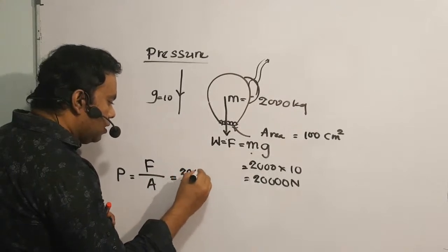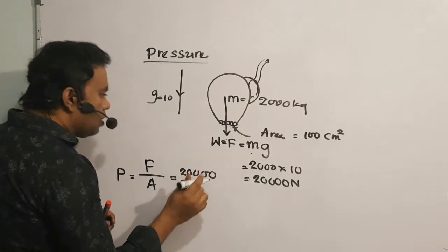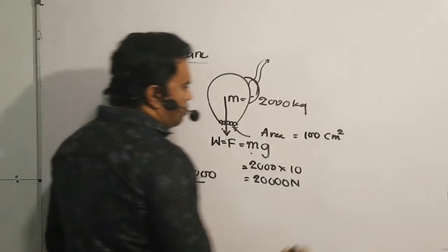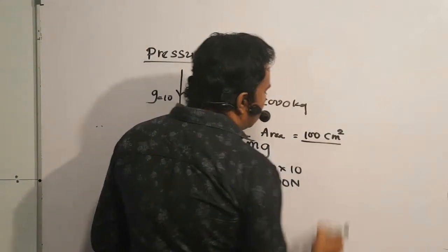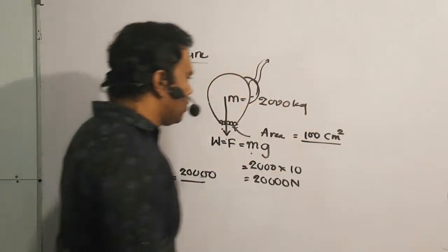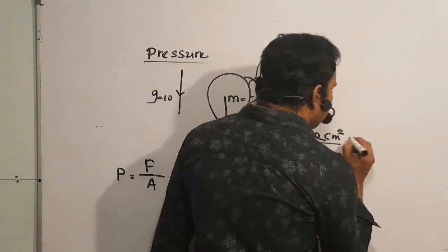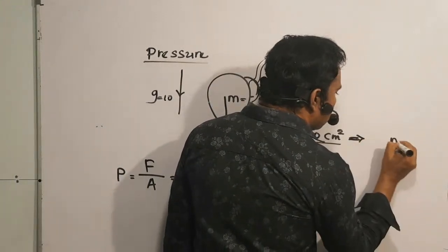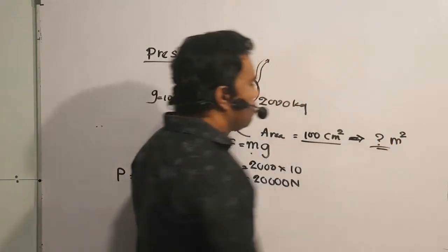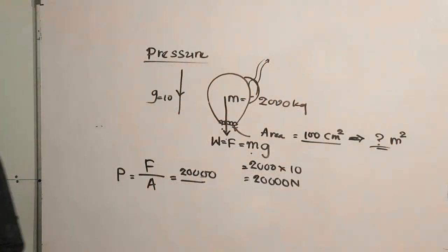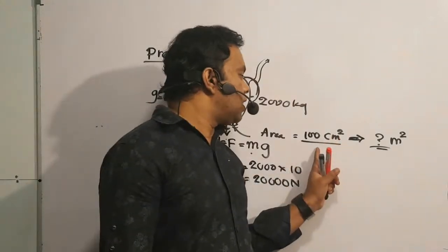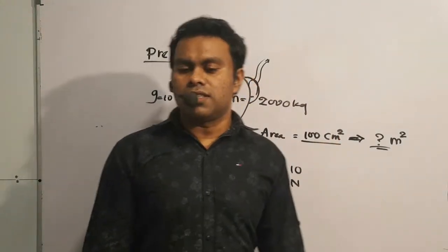That's 20,000 newtons. So the area is 100 square centimeters. How to convert that into square meters? What's the value we are going to use to divide these 100 square centimeters?